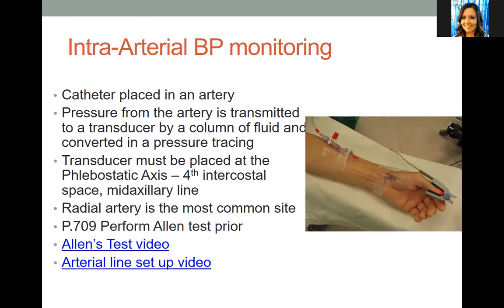So if they have cardiac instability and we can't obtain a cuff blood pressure, we might insert an A-line to directly measure their blood pressure. You may also see A-lines for frequent ABGs. If somebody's having frequent blood draws or arterial blood gases, well, let's just put an arterial line in, and then we can directly get the ABG out of that arterial line. We can draw other labs.